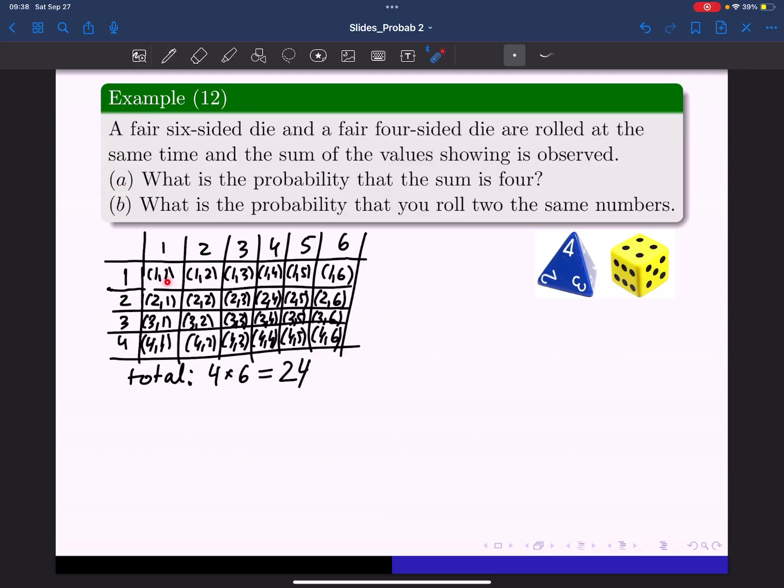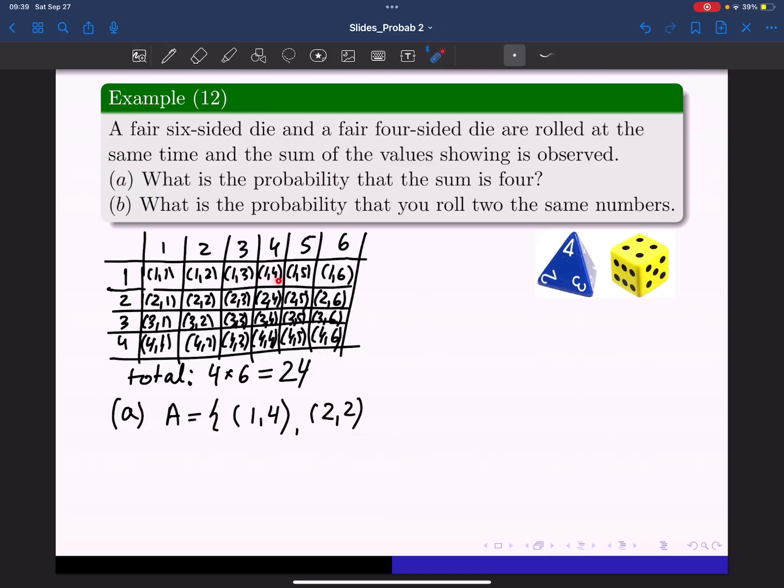If I add 1 plus 1 is 2, so that's not 4. 1 plus 2 is 3, so the sum here would be 1 and 3. So for part A, let's call event A the sum that gives us 4. 1 and 3 gives us 4. Then what else? 2 and 2 gives us 4.